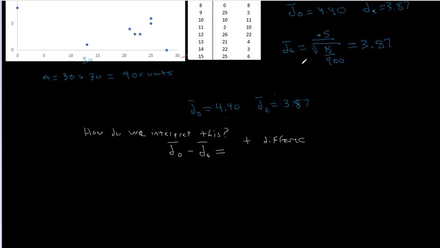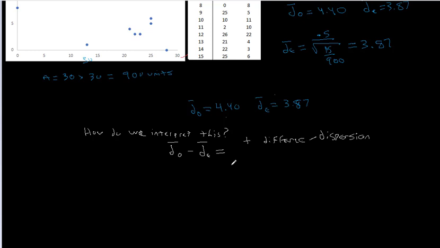And again, we said that if D_O was really small, that might indicate clustering. Well, if D_O is really big, that might indicate dispersion, again, based on the size of the study area. If we take the difference here, we've taken into account the size of that study area. So if this is much larger than this, you get a positive difference. That positive difference might indicate that the data is dispersed.